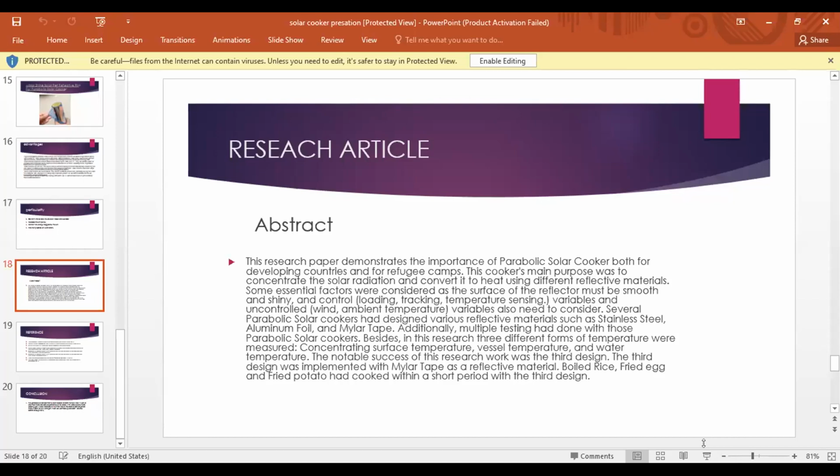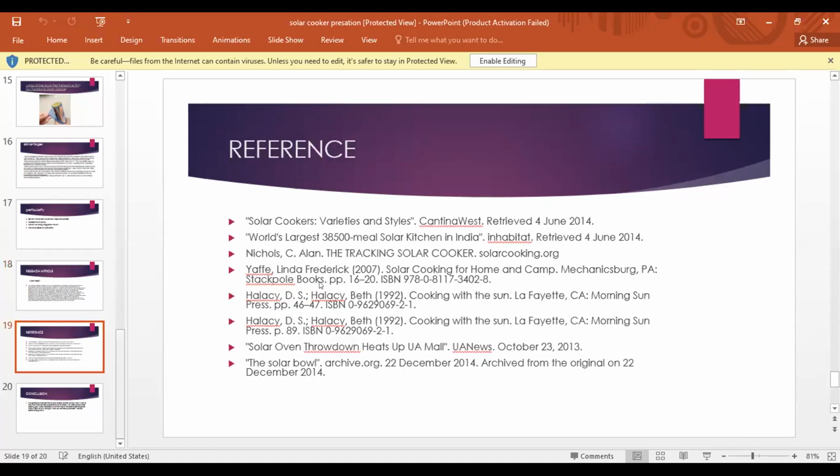So they found out that the third design of the parabolic solar cooker can cook strong food, like frying eggs and boiling rice. So this is what I researched about. Thank you. This is the reference for what we have researched. And about the conclusion.